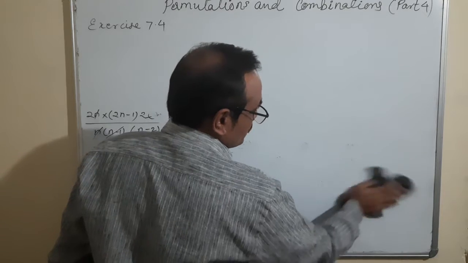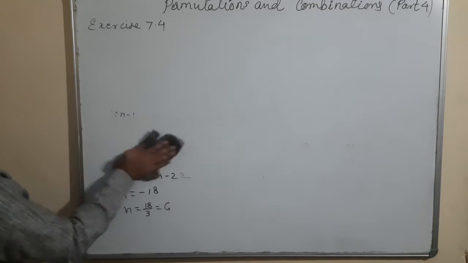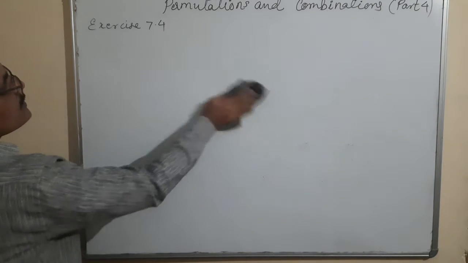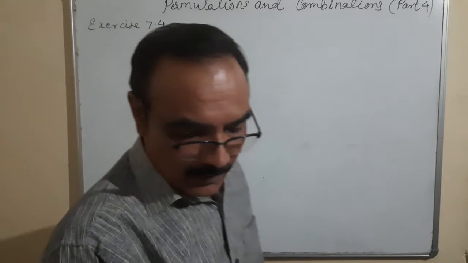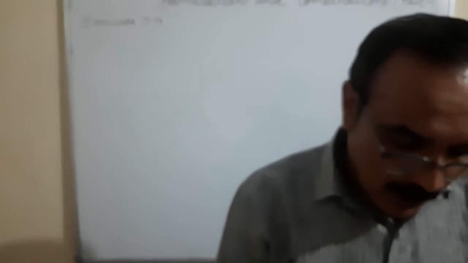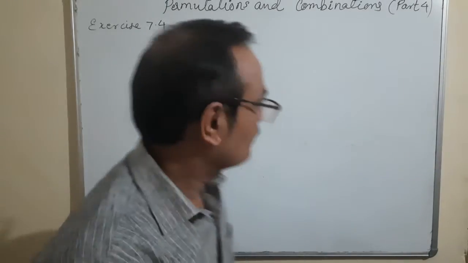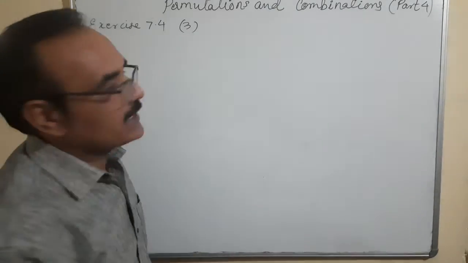Now we are starting word problems, application based questions. Question number 3: How many chords can be drawn through 21 points on a circle?